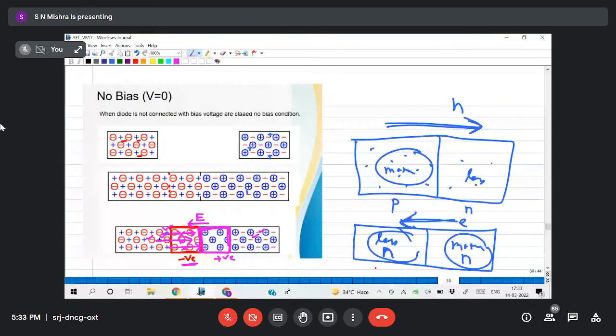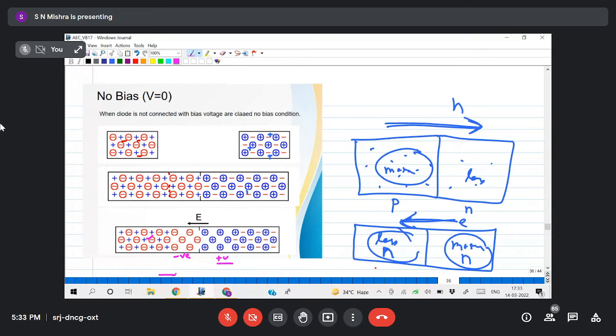And if I explain that in terms of potential, then what I can represent here: this is negative, this is positive. So I can represent it like this. Just a minute. This is negative, this is positive.